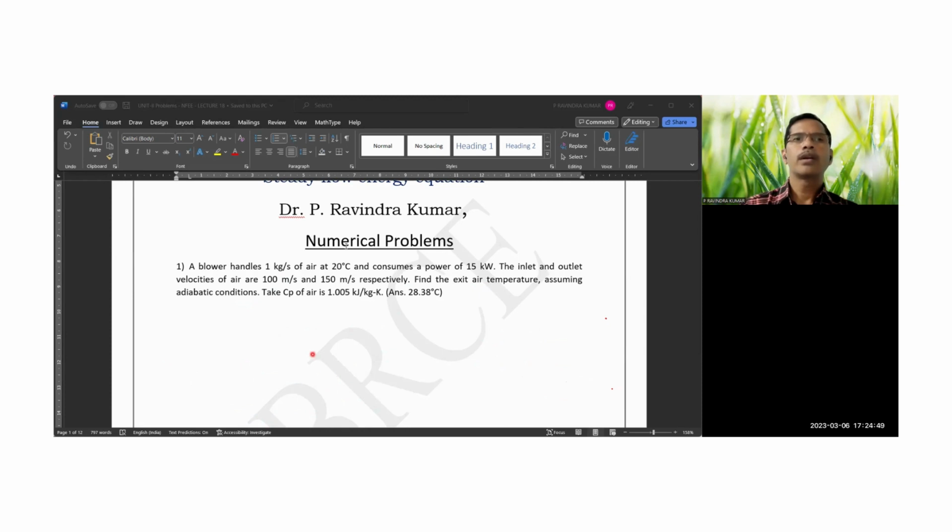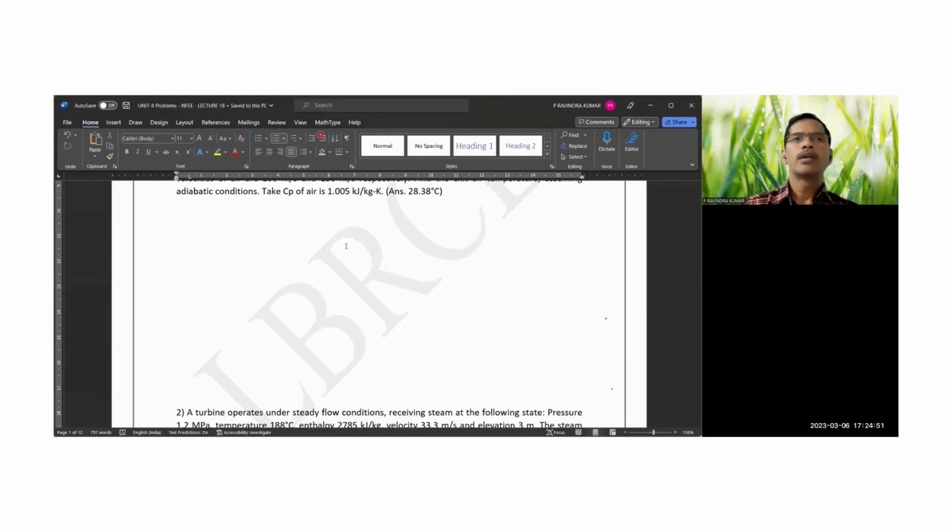When you use this formula, you get h1 plus 100 square divided by 2000, plus potential head 0, and the heat transfer also equal to 0.